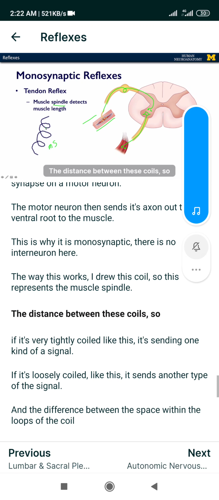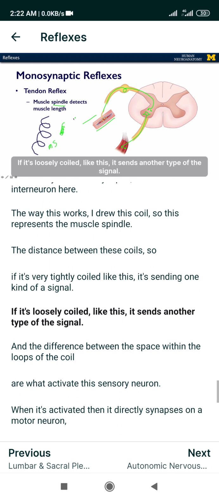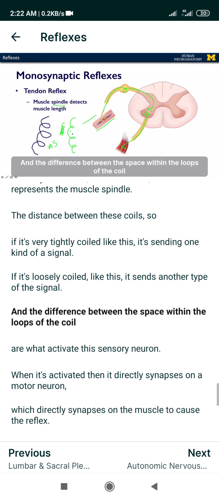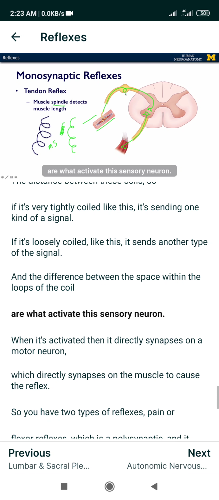The distance between these coils, so if it's very tightly coiled, like this, it's sending one kind of signal. If it's loosely coiled, like this, it sends another type of signal. And the difference between the space within the loops of the coil is what activates this sensory neuron.